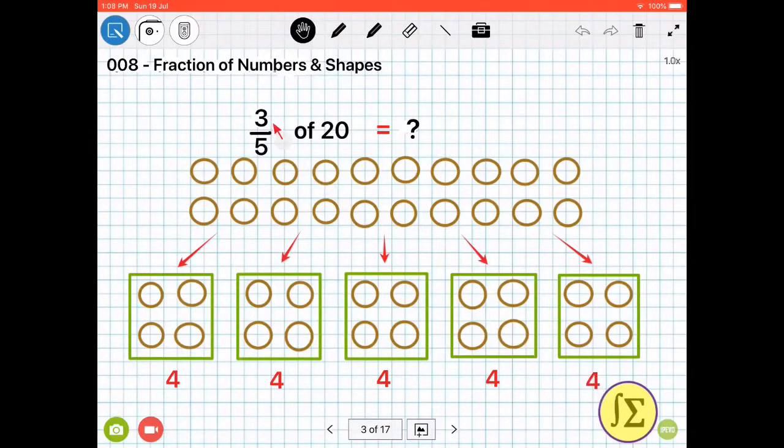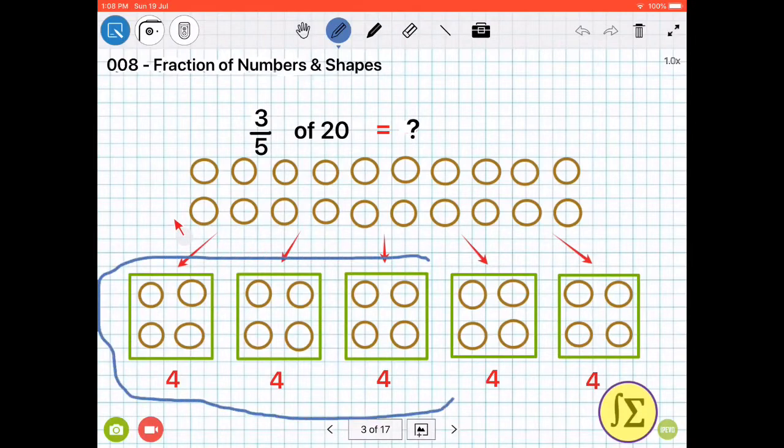But since the numerator has a value of 3 instead of 1, we look at 3 groups, not just 1, but 3. So we add them up, 4, 4, and 4. So the answer, 3 over 5 of 20, is 4 plus 4 plus 4, 12.